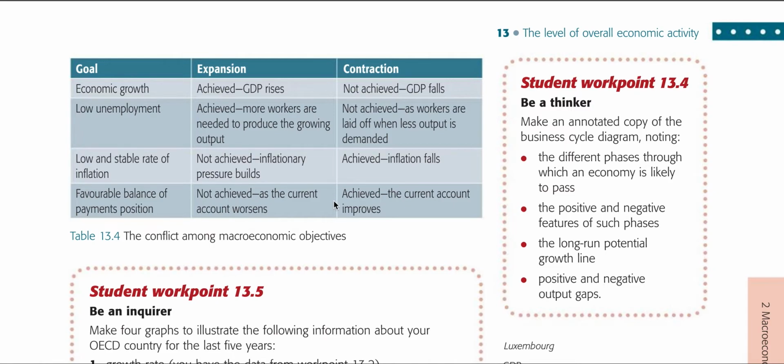Low and stable rates of inflation: you're going to have high inflation pressure during expansion, low inflation during contraction. And finally, in either case, no balance of payments, because when the economy is good, you're going to have more spending on imports, less export selling, and in a contraction, you're going to have a lot more export revenue generated, but not so much imports.